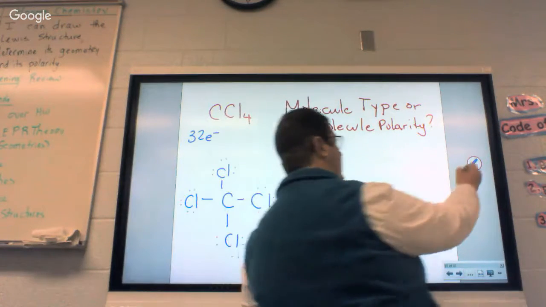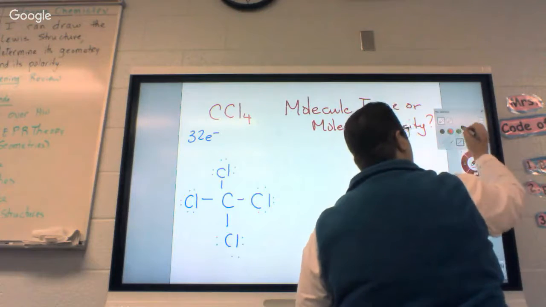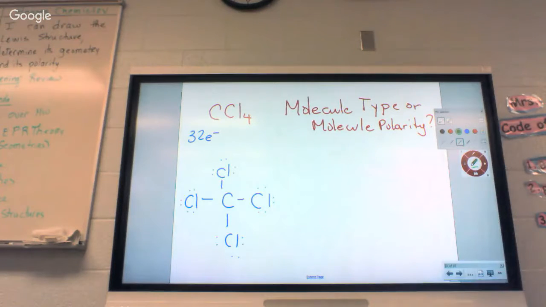Now, we can do this with our electronegativity chart if you'd like. There's nothing wrong with using our electronegativity chart. Lots of you will like to do this. I don't personally prefer to do it that way, but it's up to you. If you like to use your electronegativity chart, we can look at the electronegativity of C and Cl.